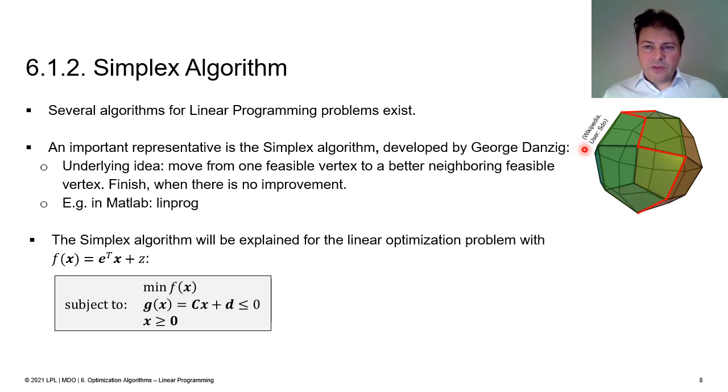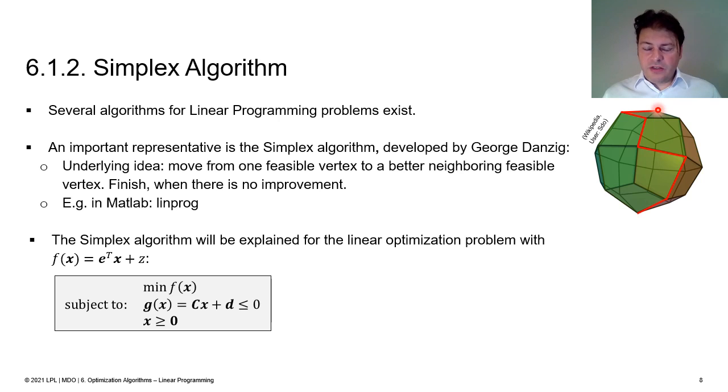Since you know that for a linear optimization problem, the optimum has to be, if it's unique, on a vertex, then you can just systematically check vertices for optimality. And this is also what this algorithm is based on.